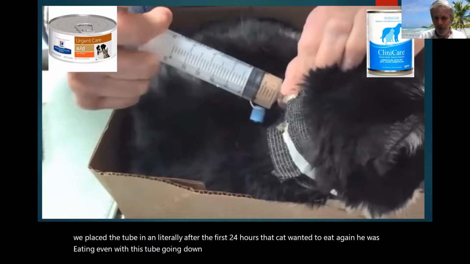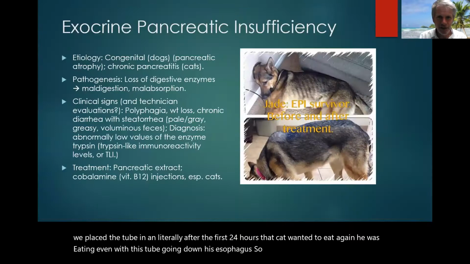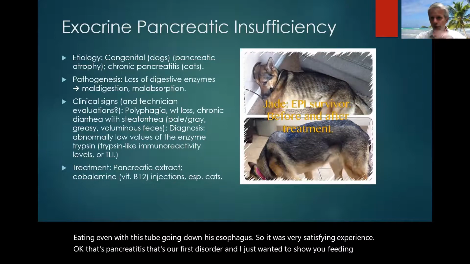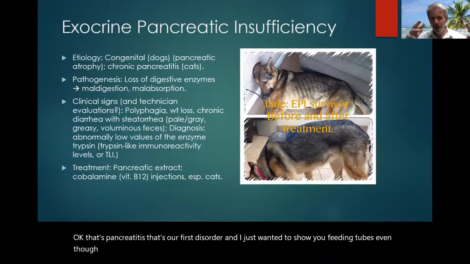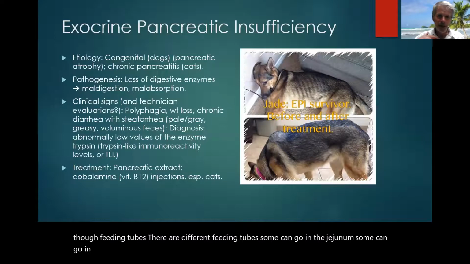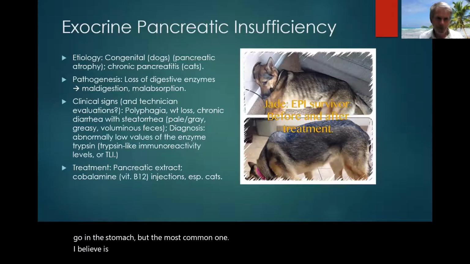So it was a very satisfying experience. Okay, anyway, that's pancreatitis. That's our first disorder, and I just wanted to show you feeding tubes. There are different feeding tubes. Some can go in the jejunum, some can go in the stomach, but the most common one, I believe, is the esophageal feeding tube.